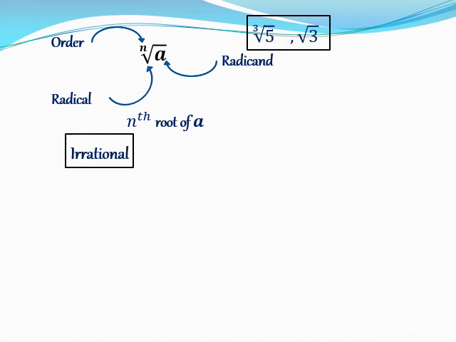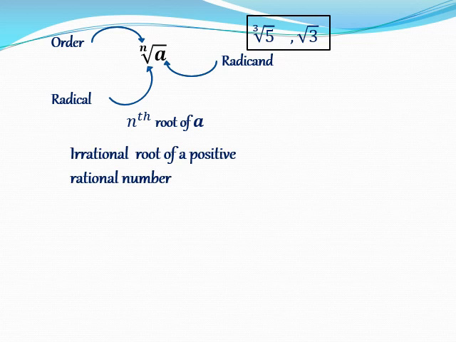The irrational root of a positive rational number is called a surd. So these examples are the examples of surd. Remember, the answer has to be irrational number and the radicand or base is positive rational number. Irrational root of a positive rational number is said to be a surd.